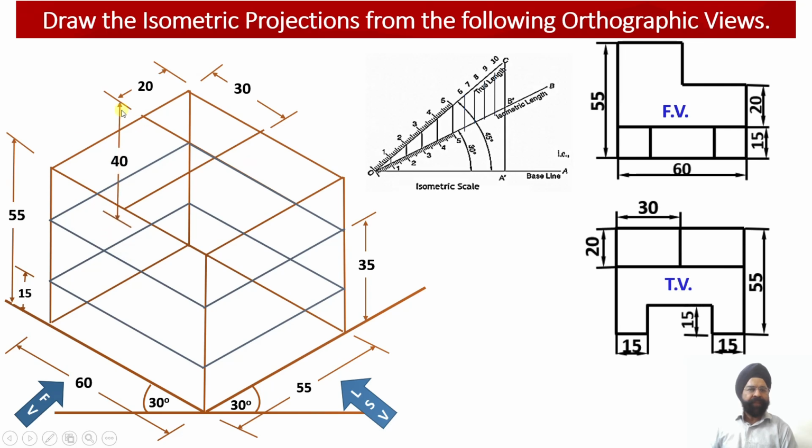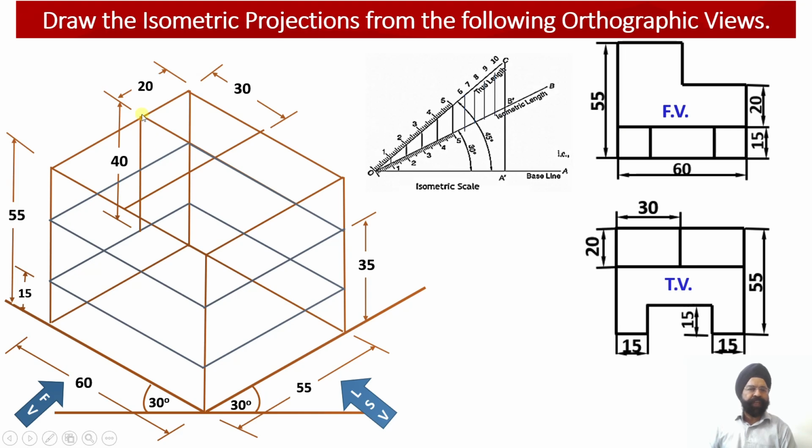Now what I have done, I have marked this distance equal to 40 millimeter. So this distance will be starting from here and it will be ending up on the top surface of this ring over here. So please check, I have drawn this vertical edge of the vertical web, which is going to start from this corner over here, and it is going to end at the top surface of the horizontal web over here.